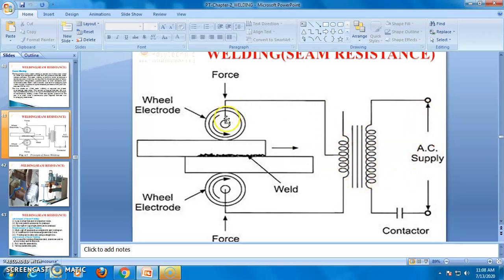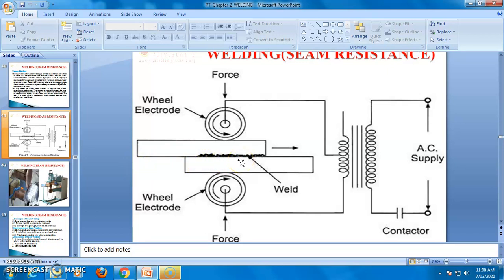In spot welding we use a movable jaw on the upper side and a fixed jaw on the lower side, but the seam welding case is different. In this type of welding process we use two circular electrodes, and we pass the two overlapping sheets in between these electrodes.